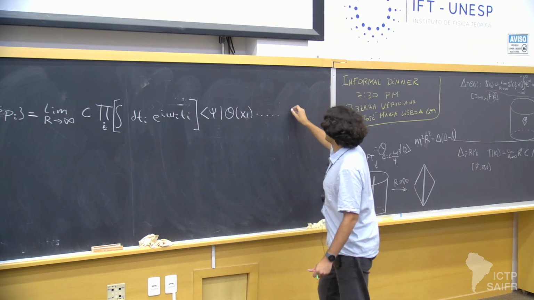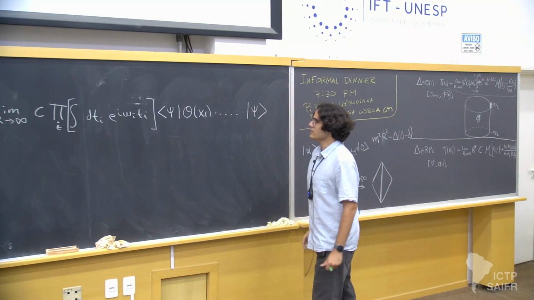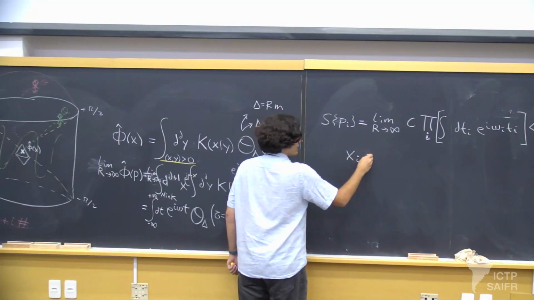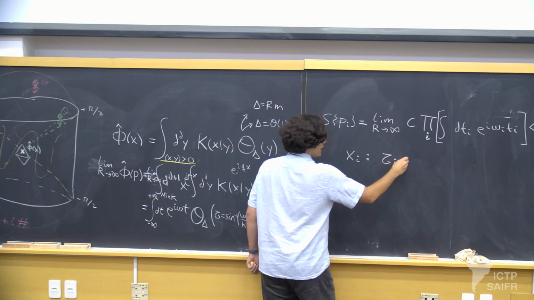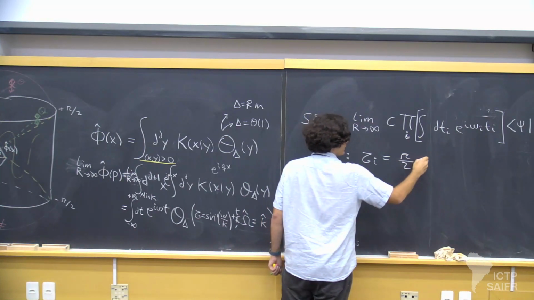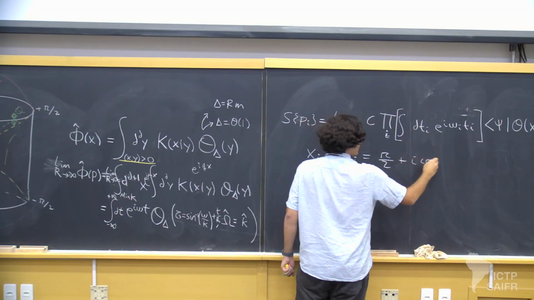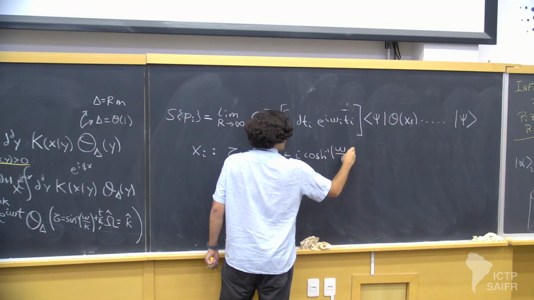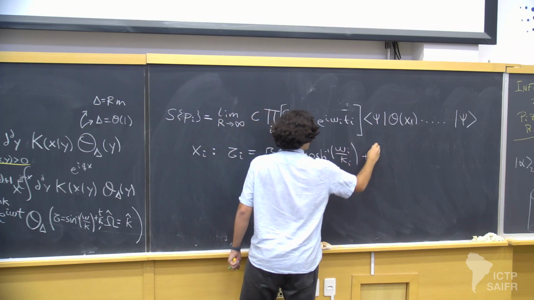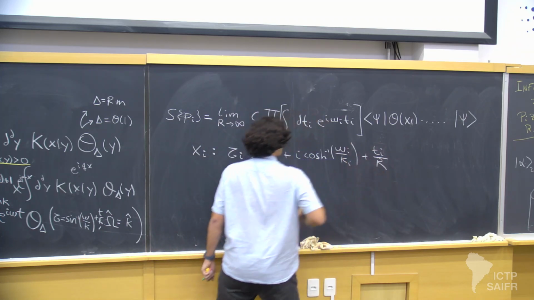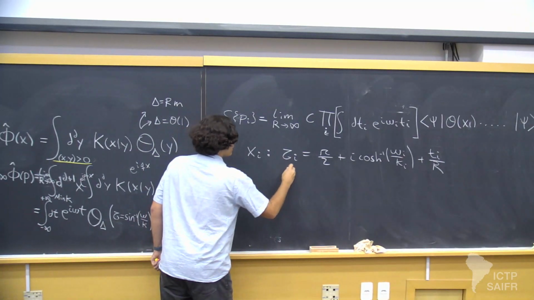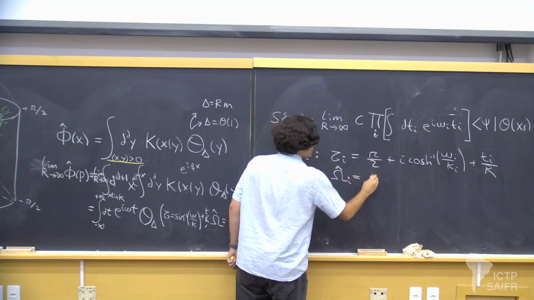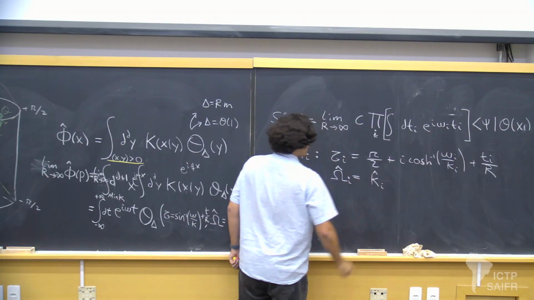and then operators located at particular points, where for example x_i is parameterized by a complex value of global time, something like this, plus d over L, and then some angle in the Euclidean half sphere that corresponds to the angle where the momentum is pointing.